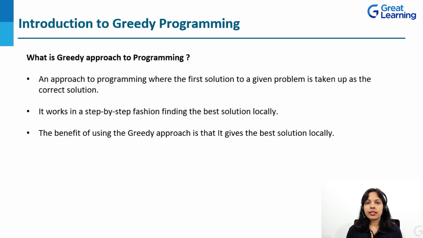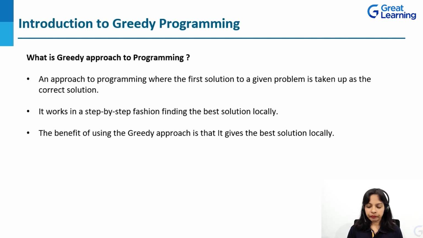It might be the case that in some cases we might not obtain the overall optimal solution, but definitely it will be a feasible solution. Also, the advantage of using greedy programming is that the solution of a given problem may not be optimal overall, but locally it would be the best solution possible.